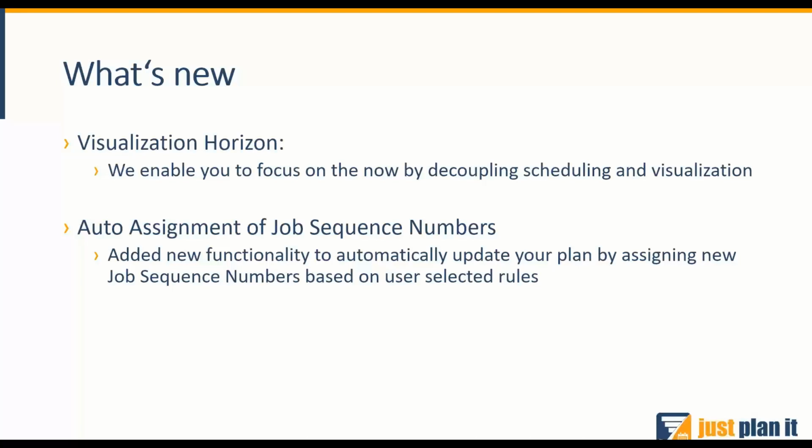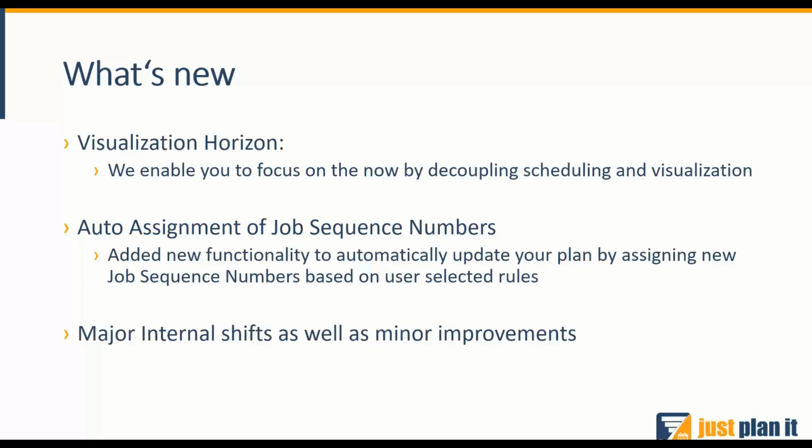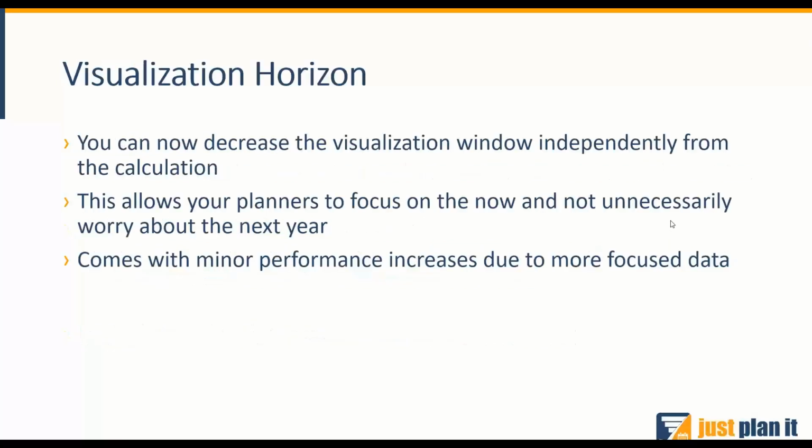And all of this is based on user selected rules. Additionally, we did some major internal shifts that, while not as flashy or forward-facing to you, majorly help us improve in the future.